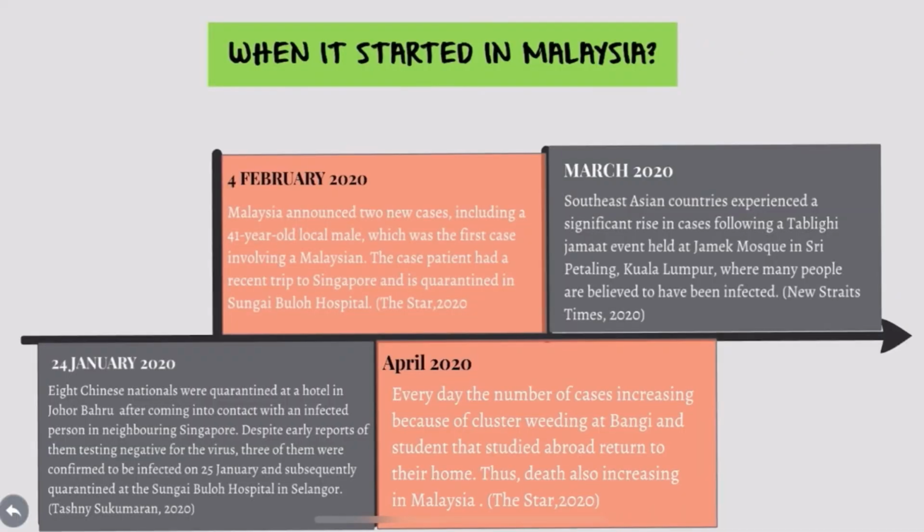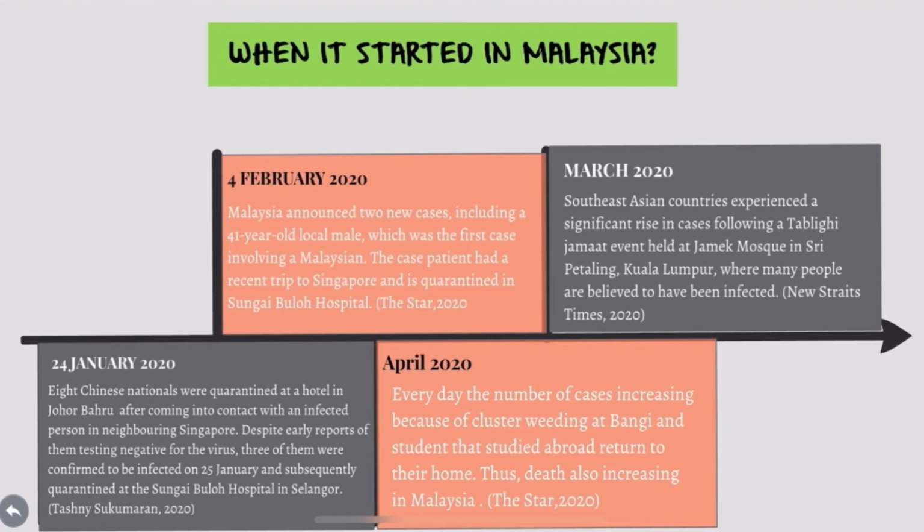When it started in Malaysia, on 24th January 2020, 8 Chinese nationals were quarantined at a hotel in Johor Bahru after coming into contact with an infected person in neighboring Singapore. Despite early reports of them testing negative for the virus, 3 of them were confirmed to be infected on 25 January and subsequently quarantined at the Sungai Buloh Hospital in Selangor.